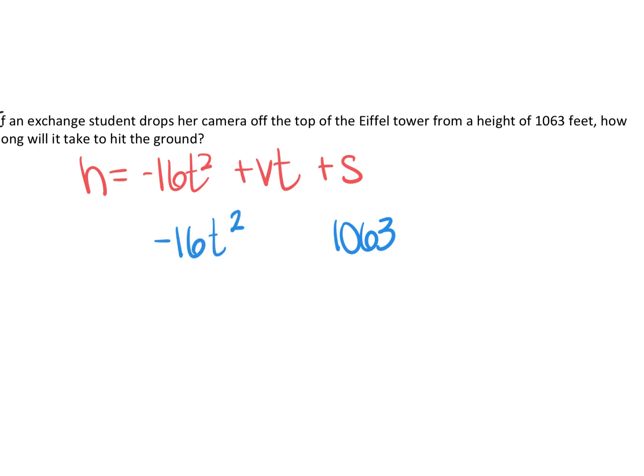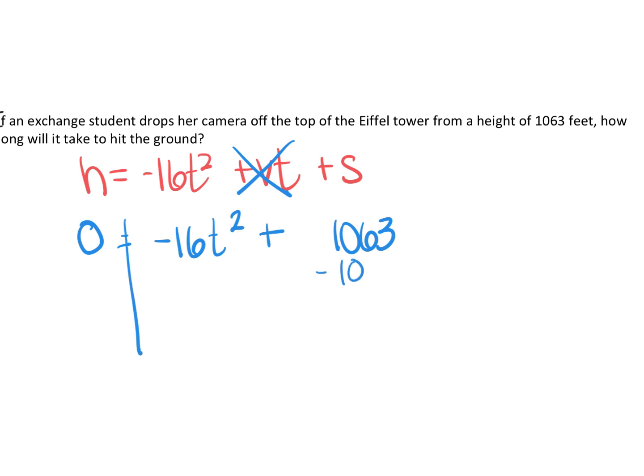Now, as far as our initial velocity, again, we're just dropping it from that height of 1063. So because we're dropping it from there, that's going to be 0. So that will cancel out. And then as far as our ending height, since it's dropping to the ground, it is going to be 0. So let's go ahead, we'll isolate the variable.